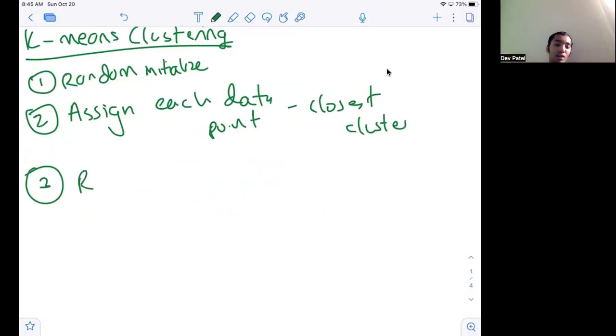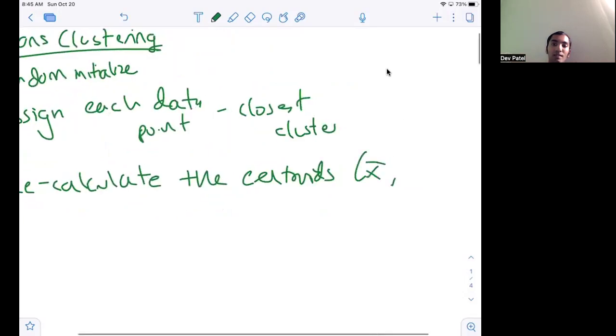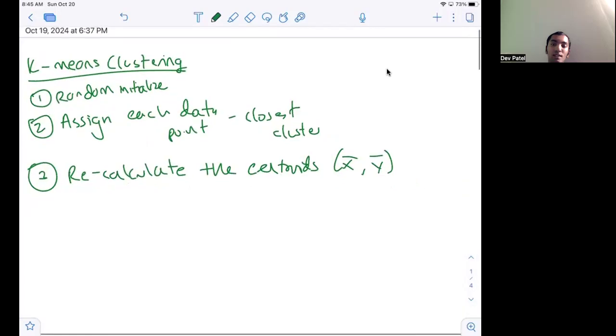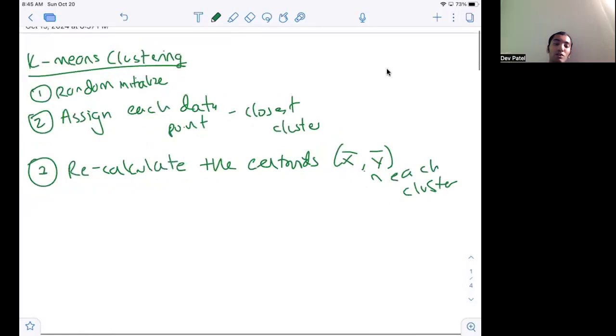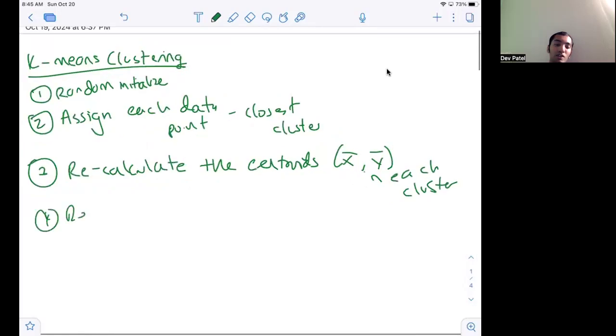Then we recalculate the centroids, which will be the average of the x's and the average of the y's in each cluster. And then we reassign each data point, because the distances are going to change.